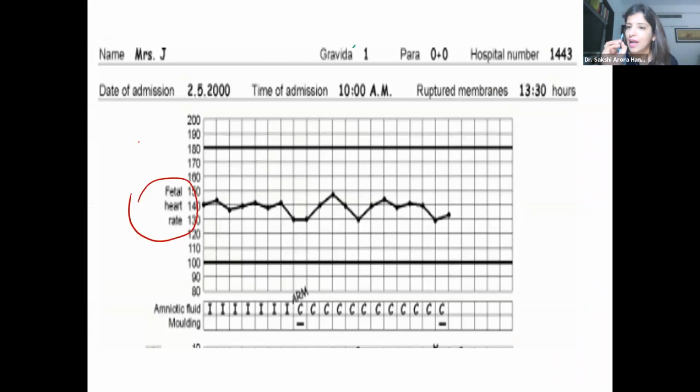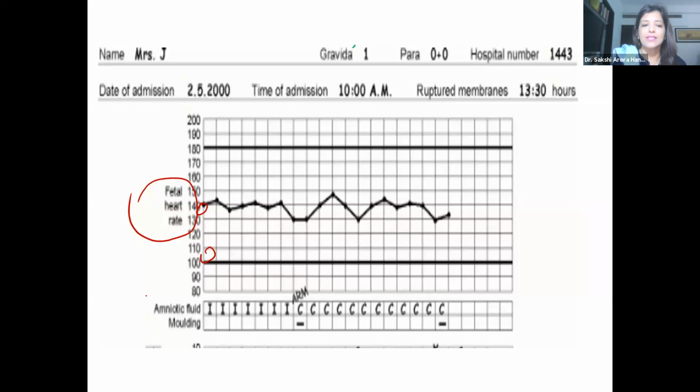Fetal heart rate is plotted with the help of these dots, and after every 30 minutes you plot the fetal heart rate. So each square over here represents 30 minutes. Apart from filling in all the details, like the name, gravida, parity, that is the first thing which is plotted on a partogram at the top.